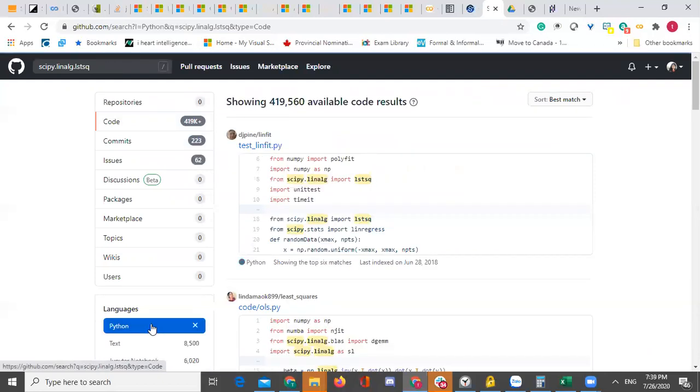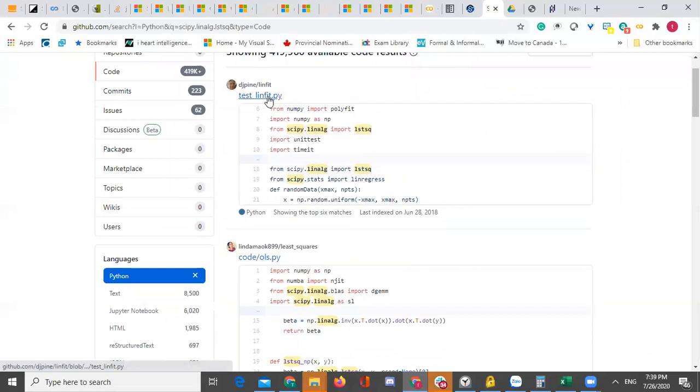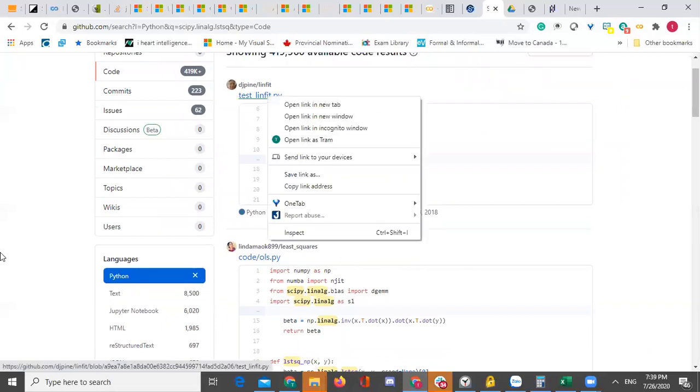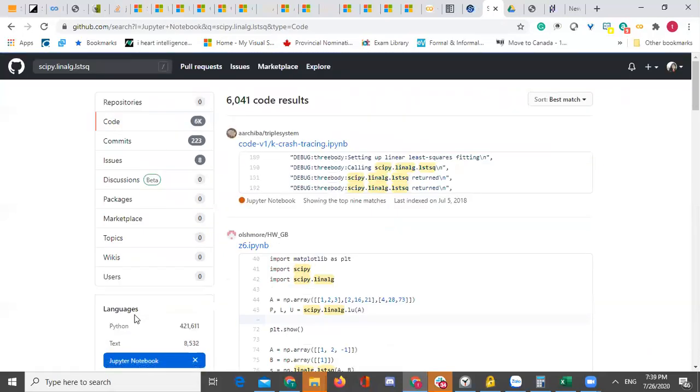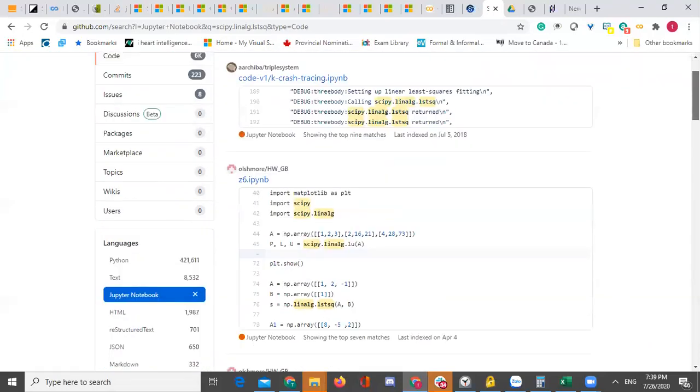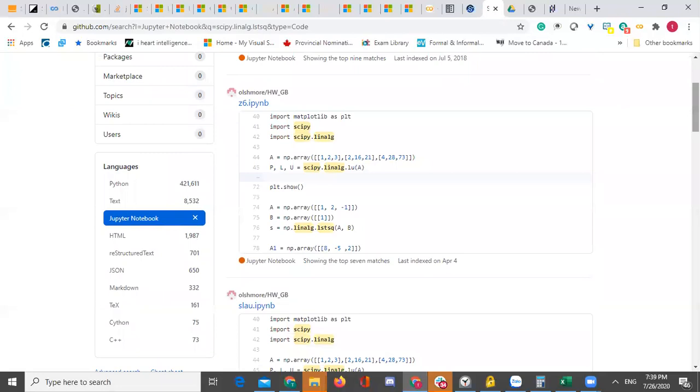Okay, let me see first how they usually use it. So PLU.